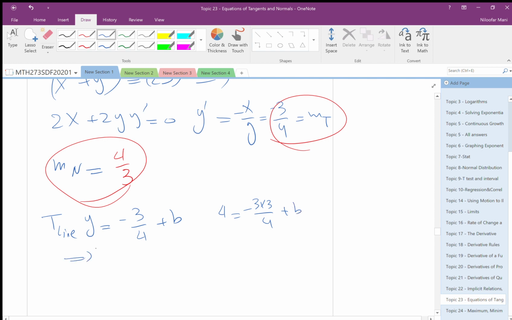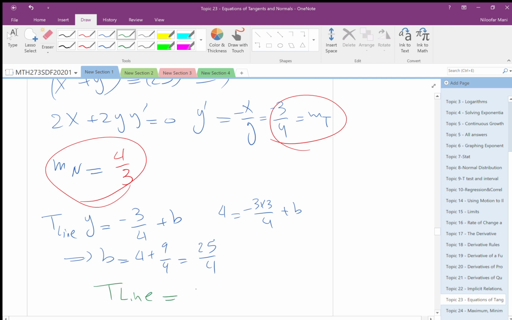So b is 4 plus 9 over 4, which is 16 plus 9, yes, 25 over 4.